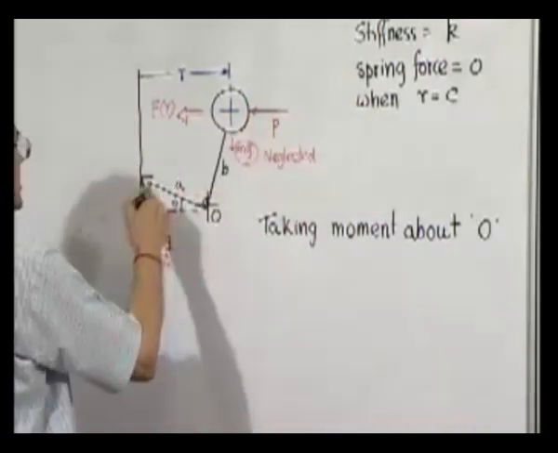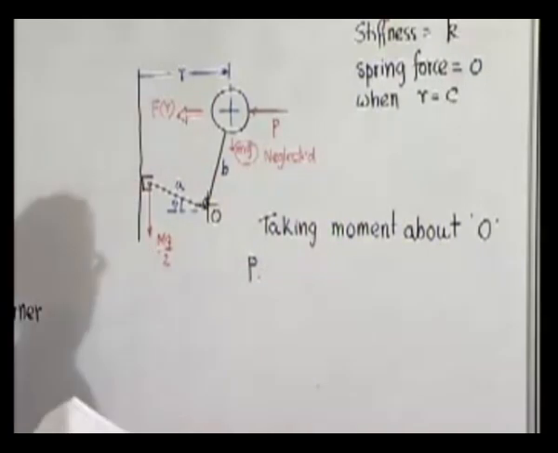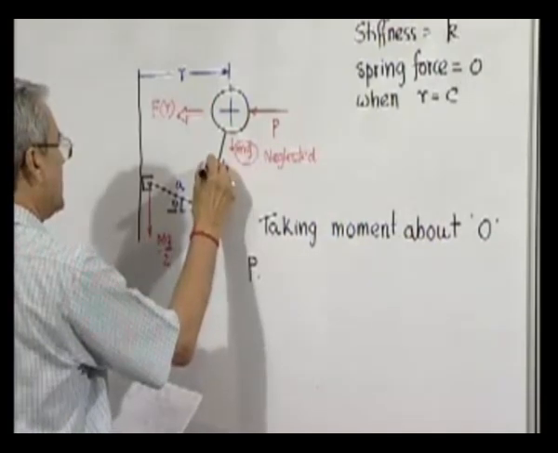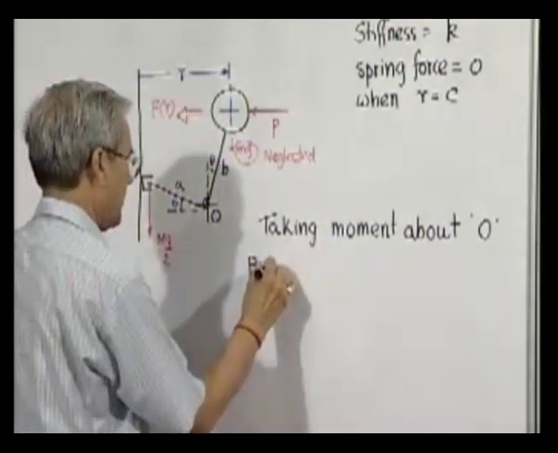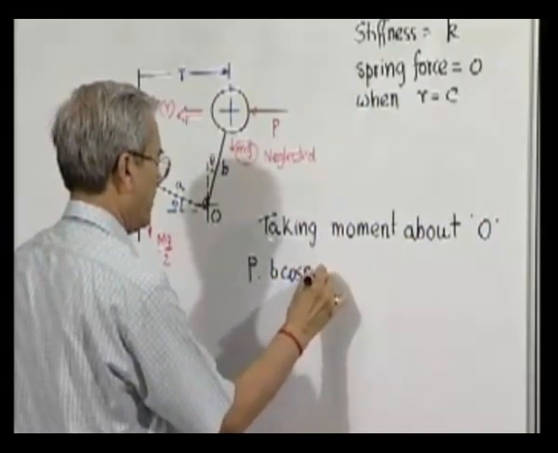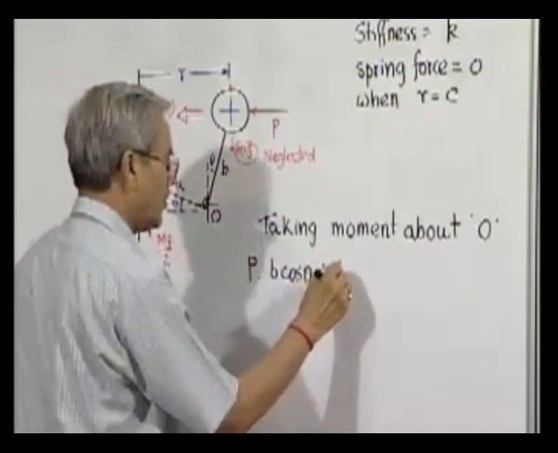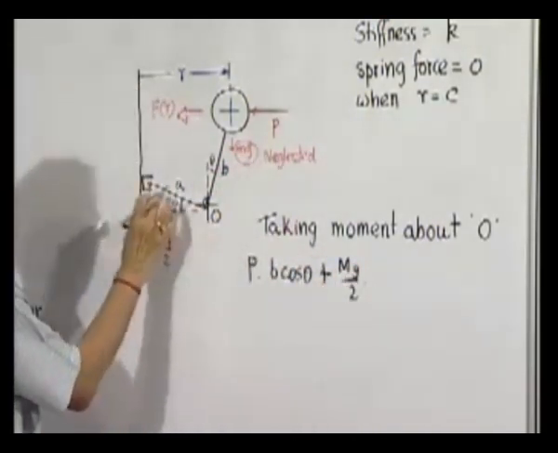what the actual forces are producing will be P into, now this length is b and this is theta again. So this height will be b cosine theta plus this weight is mg by 2, this force, and the arm length will be a cosine theta.